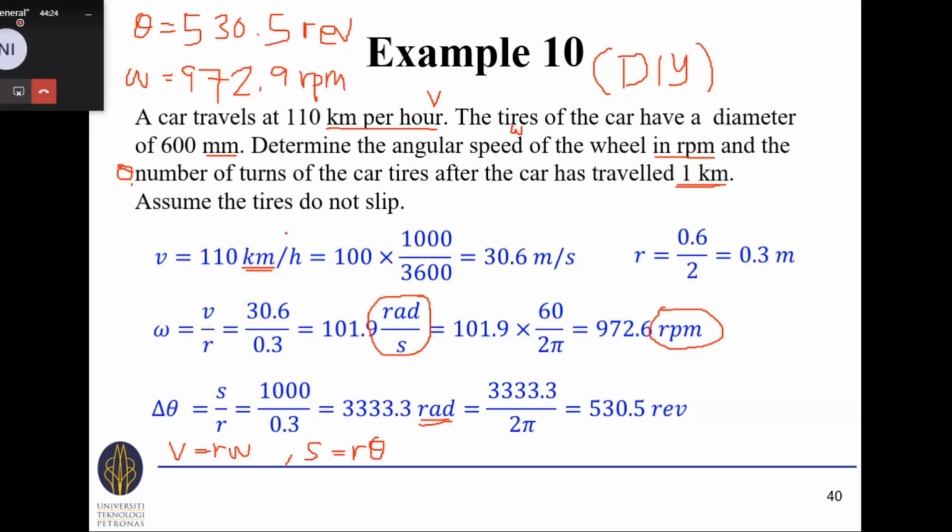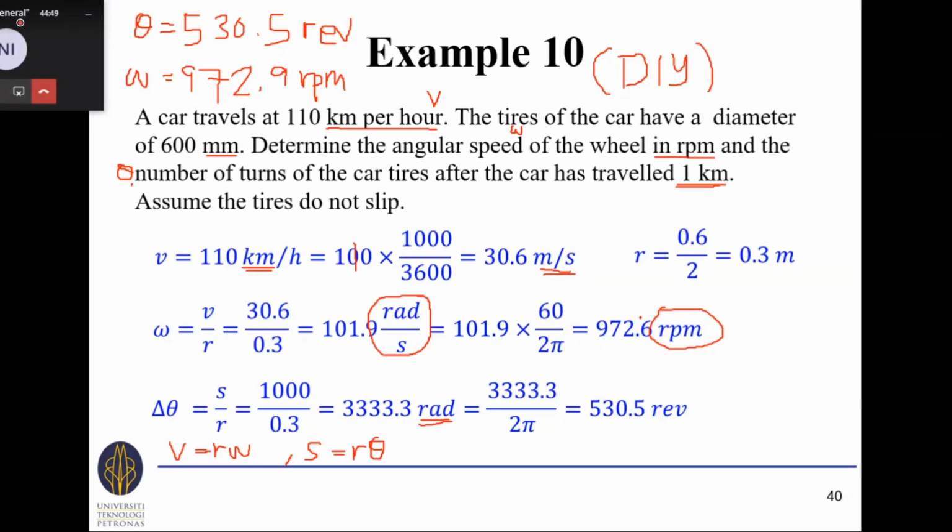So that's how you convert kilometer per hour to meter per second. It's not 110 times 1000? Oh, this one is 100. Please check that. Supposedly 110. The answer is correct, but it's just a typo. All right, thank you.